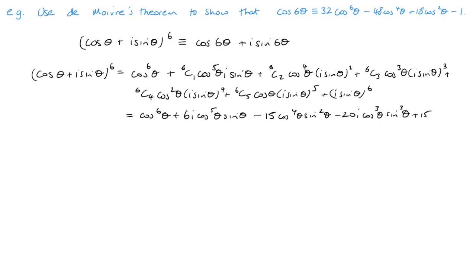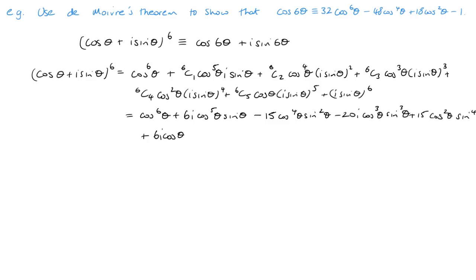So 15, well, we've got cos squared sin^4 theta. Plus 6C5 is 6 cos theta. i to the power 5 is going to be i squared times i squared, which is 1, times i.